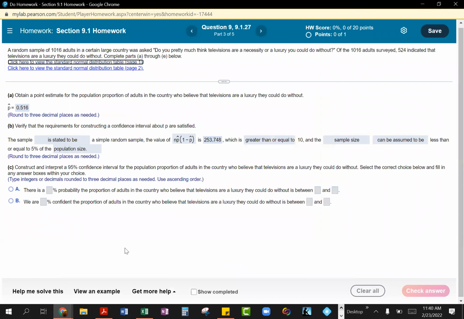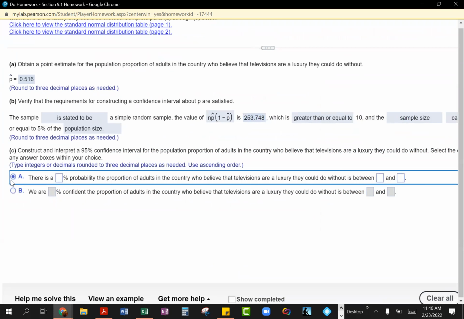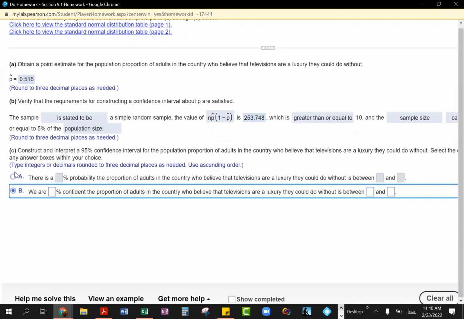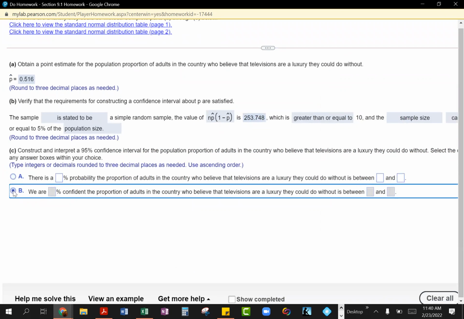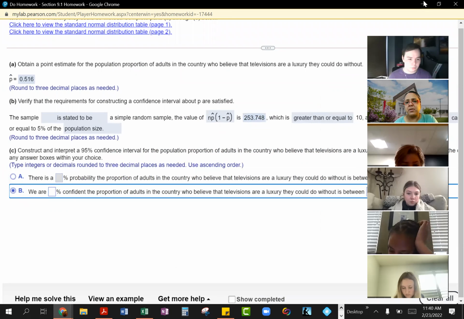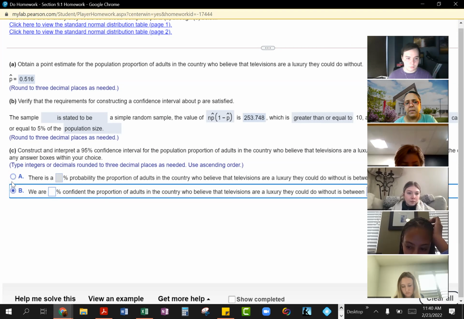Now here, guys, you are choosing: is it going to be part A or is it going to be part B? Is there a 95% probability or is there a 95% confident that the population believes television is a luxury? So which option is it going to be, A or B?